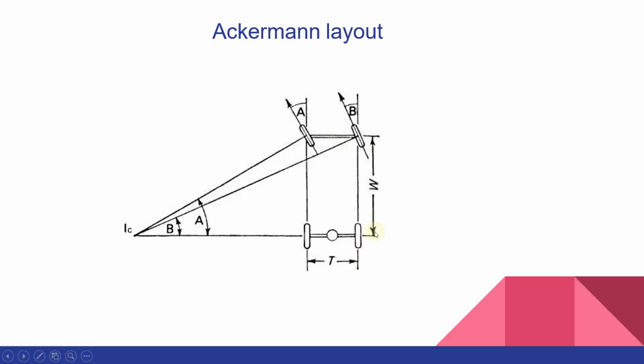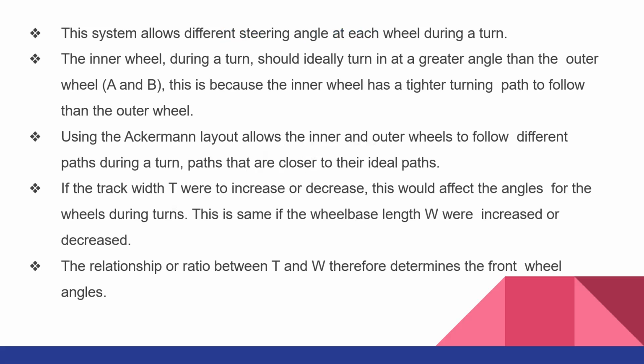So this is the wheelbase and this is the track width. The values of track width and wheelbase will also affect the turning of the vehicle. That means they will affect the angles of the wheels while the vehicle is turning. So there should be a definite ratio between T and W, that is the track width and the wheelbase.